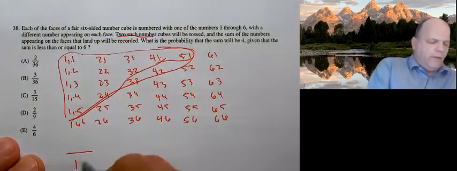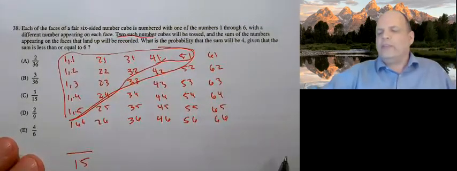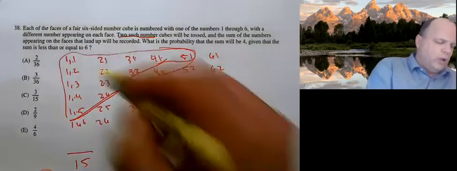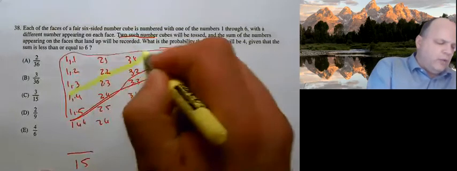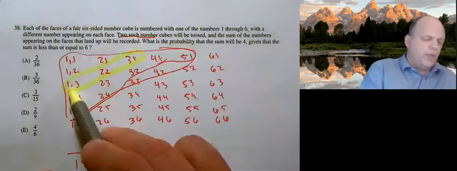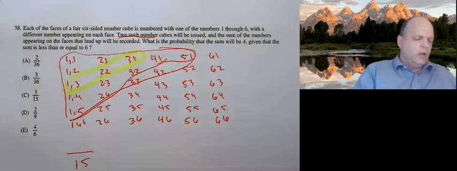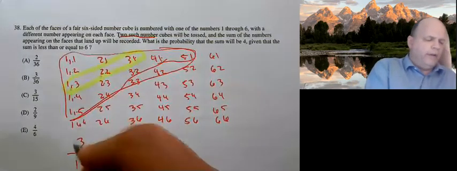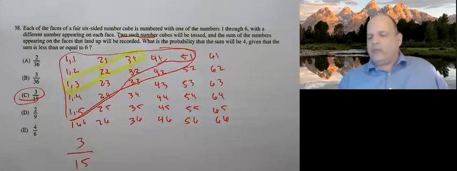So I have 15 values. What's the probability the sum will be 4? These are the values that add up to 4: 1,3; 2,2; and 3,1. So basically those 3 values, 3 out of 15, my answer is C.